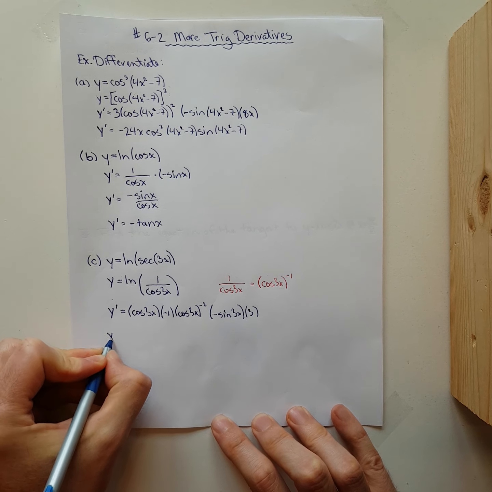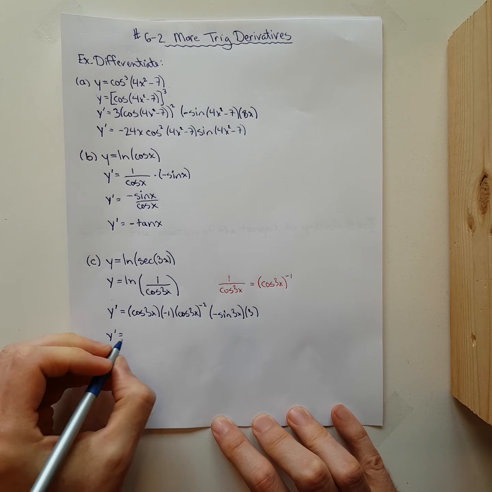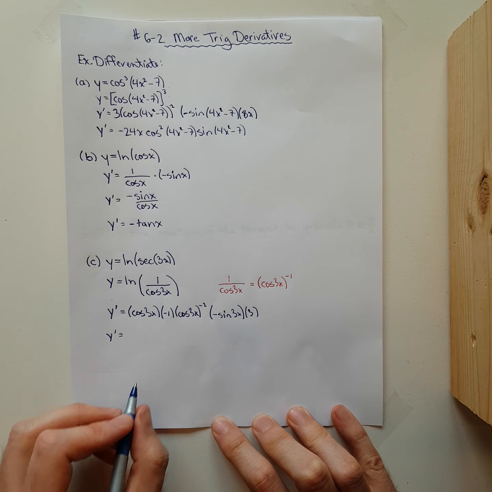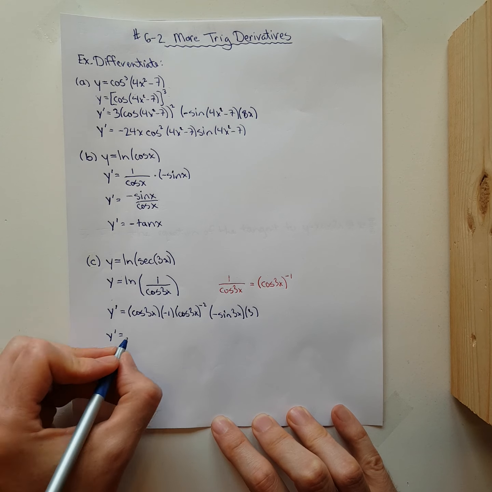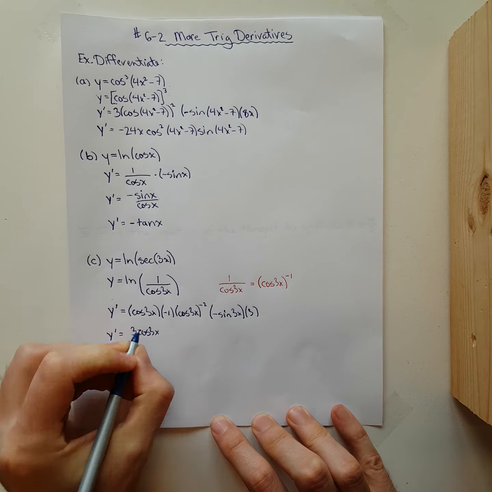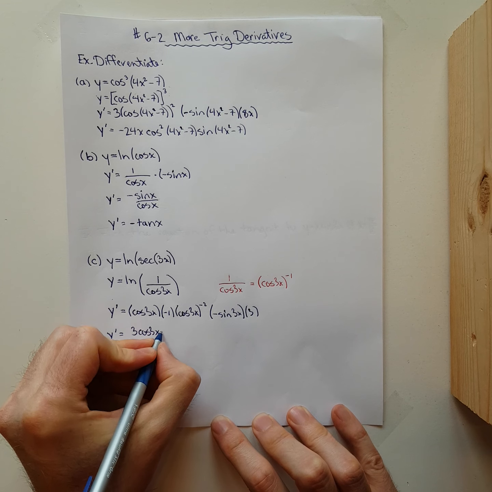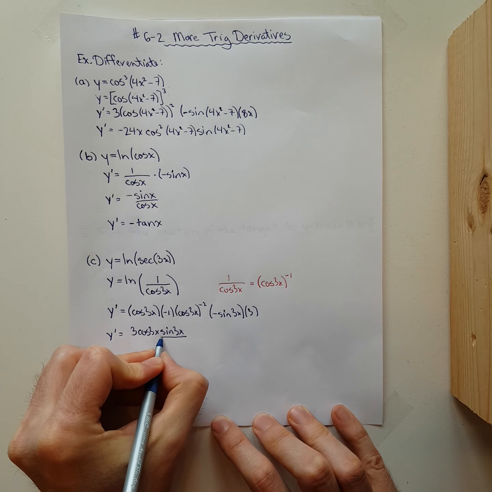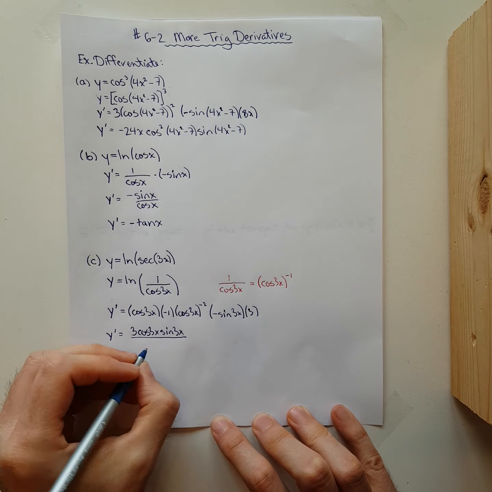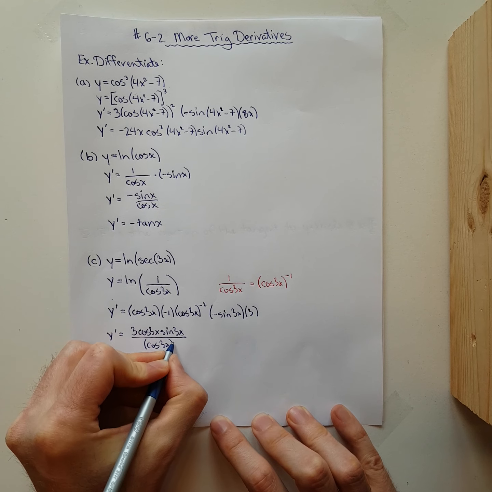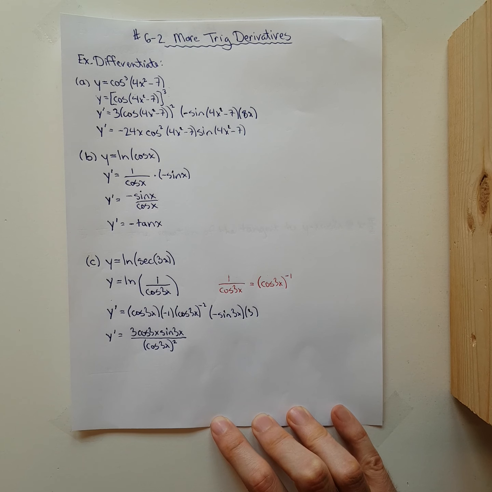If I try and simplify here a little bit, I'm going to have then the negative and the negative will cancel out. So my numerator here, I will have a 3, I have a cos 3x, I have a sine 3x, and this will all be over, if I flip this over, a cos of 3x squared.